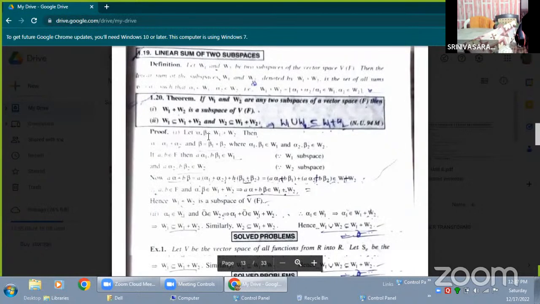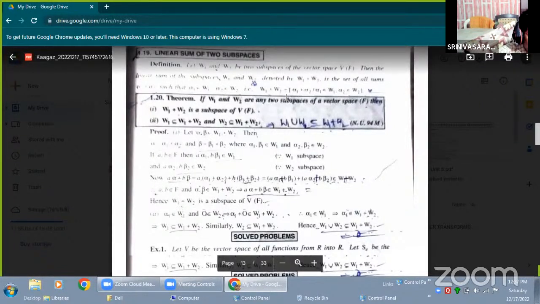Alpha and beta are two elements in the linear sum. Alpha can be written as the linear sum alpha 1 plus alpha 2. Beta is also one of the vectors, and we can write it as beta 1 plus beta 2.